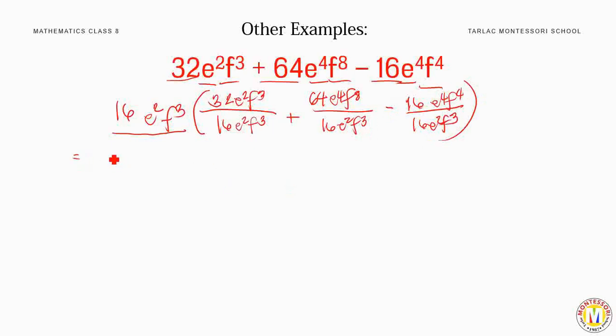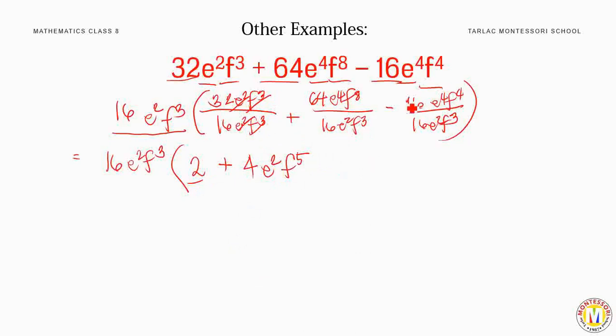So simplifying this further, we'll have 16e squared f raised to 3. 32 divided by 16 is 2. e squared f raised to 3, this will be cancelled. So we'll be left with 2 only for the first term. 64 divided by 16, that's 4. e raised to 4 divided by e squared, that would be e squared. f raised to 8 divided by f raised to 3, that would be f raised to 5.